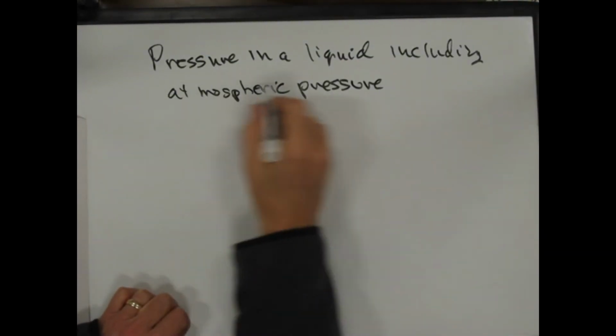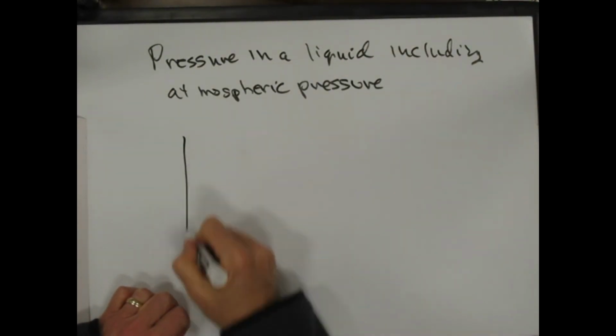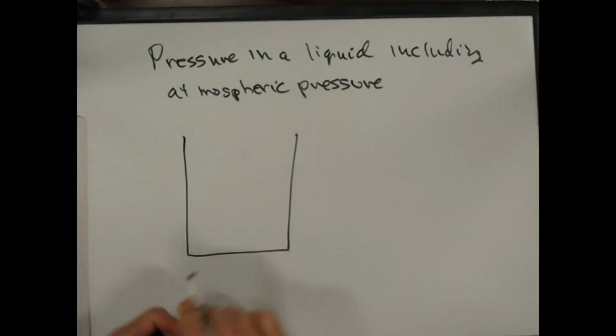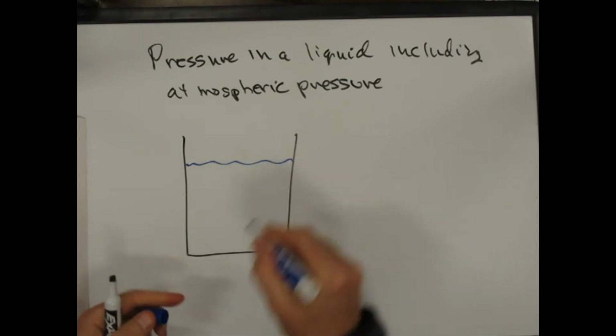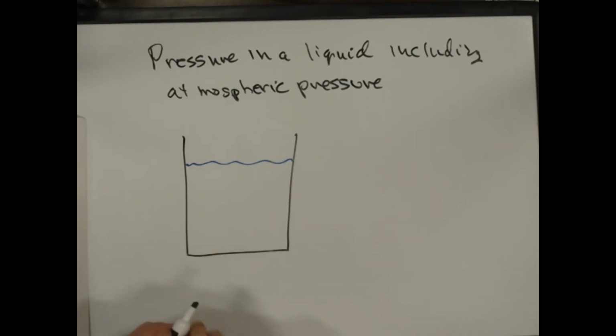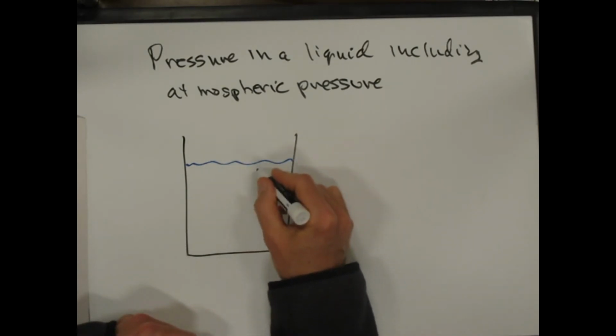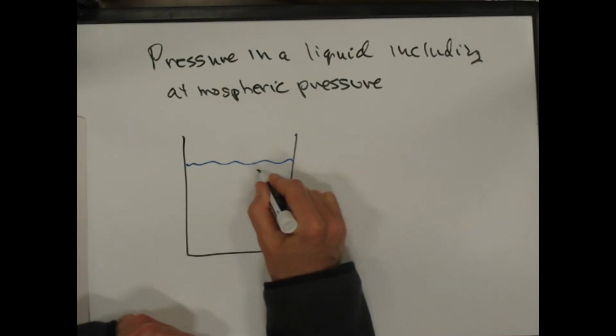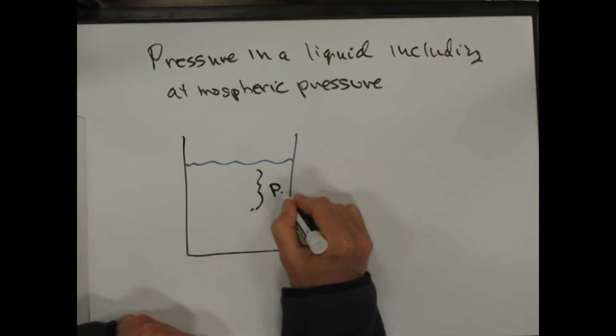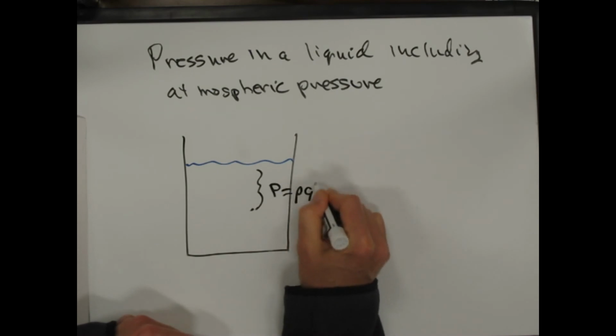So we can talk about the pressure in a liquid, including atmospheric pressure. If, for example, I have the cup of water I had earlier, I can say the pressure in the liquid, just due to the liquid, at some depth h, is equal to rho gh.